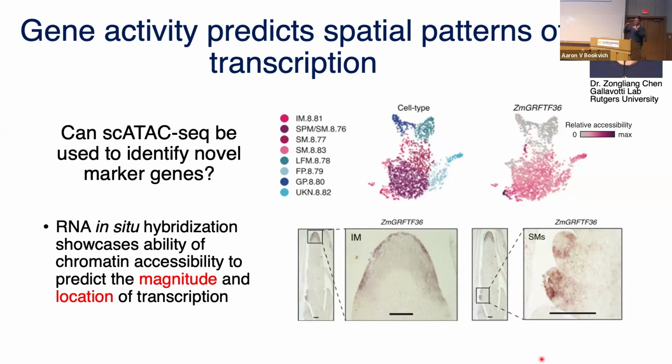Even the magnitude: we would predict higher levels of expression within the inflorescence meristem, which is this part up here, which we see happen. So we started to feel a lot better about our data set and its use for generating more markers in the future.